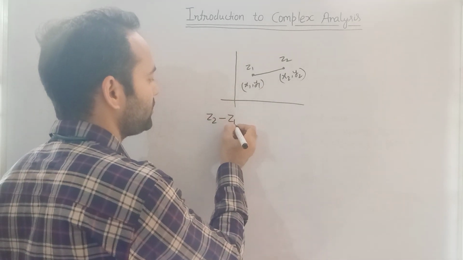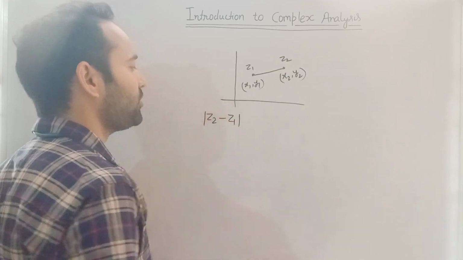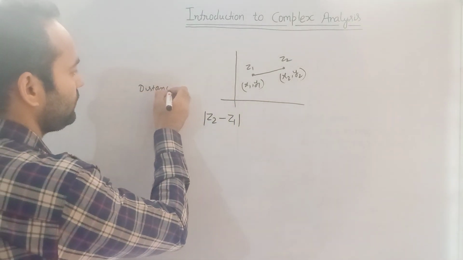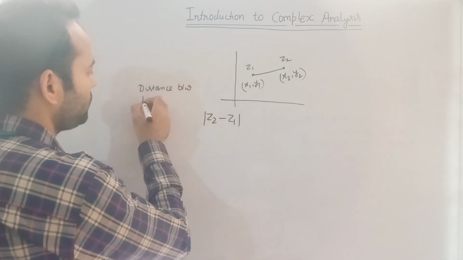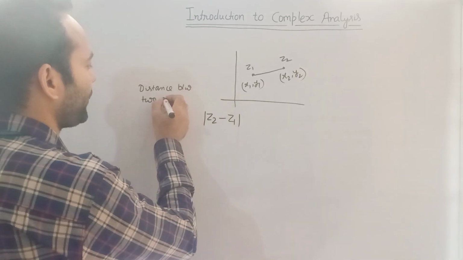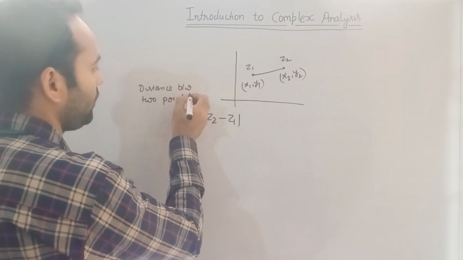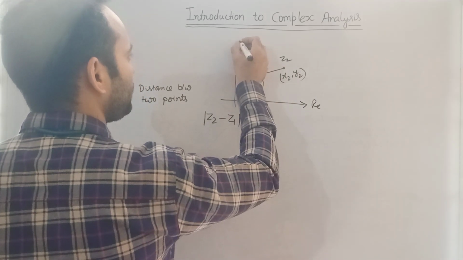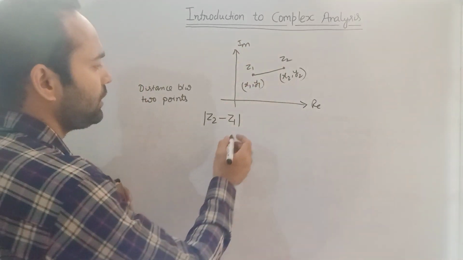It is going to be the mod of z2 minus z1. So what is this? The distance between two points on a complex plane, of course. So this is the real axis and this is the imaginary axis. Okay, what would it be?